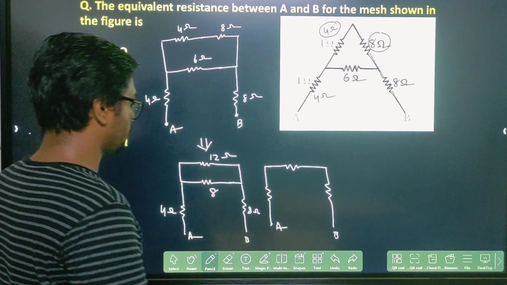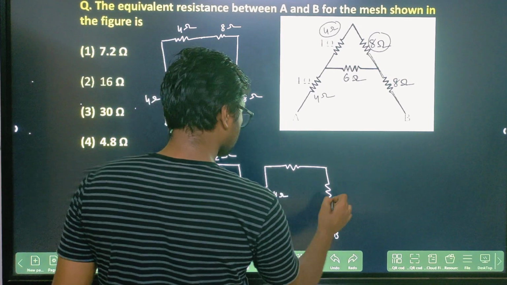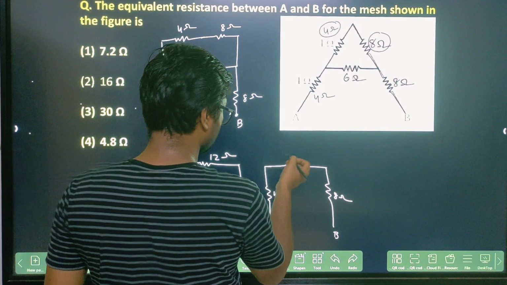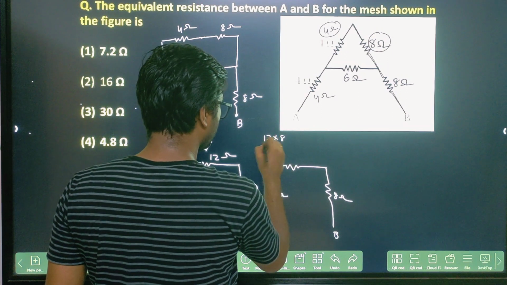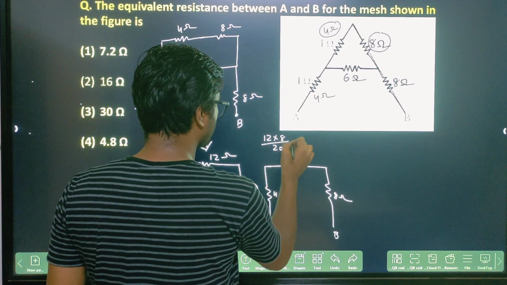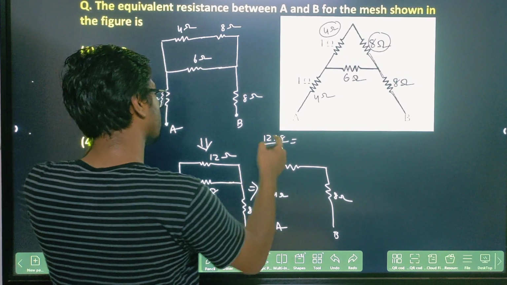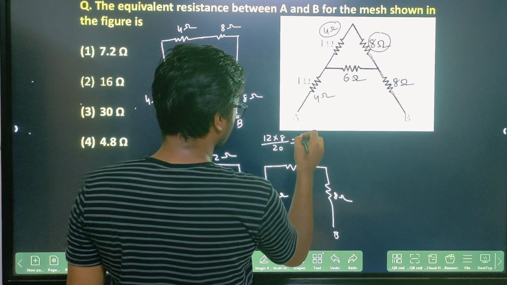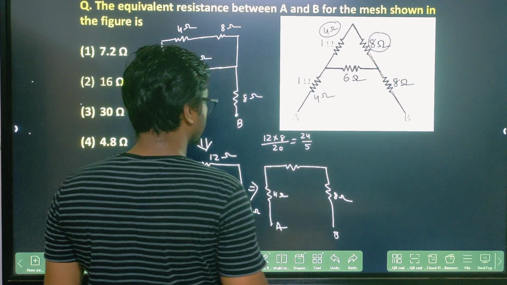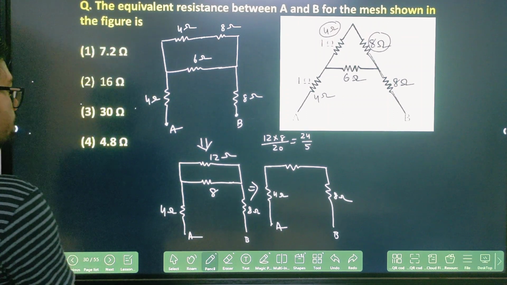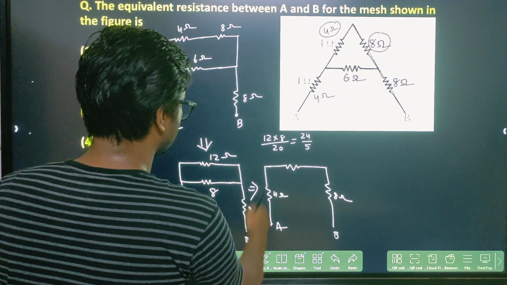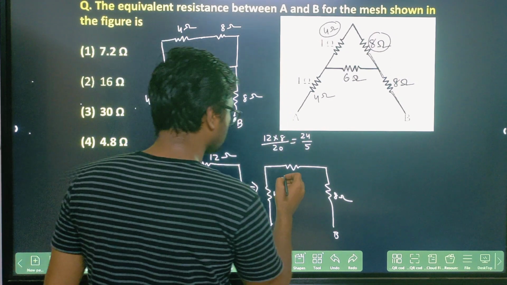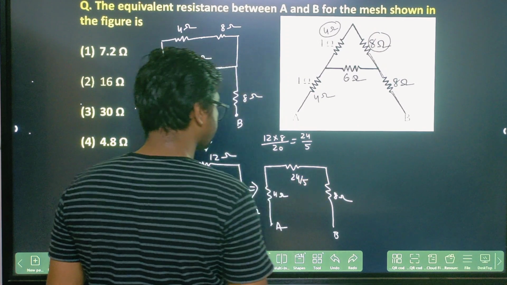Applying the formula, 12 into 8 divided by 12 plus 8, that is 20. Cancelling with 4, this will be 24 divided by 5.